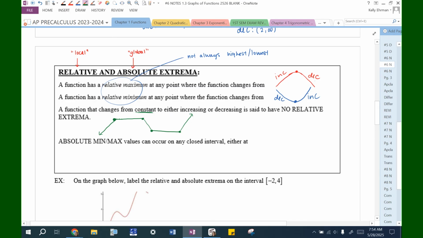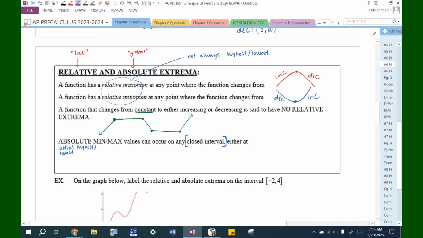There's nothing about constant. Now, an absolute max or min is the actual highest or lowest point. So these can only occur, it's got to be on a closed interval, meaning they're telling you to look at x values from -10 to 10, not -infinity to infinity or something like that.